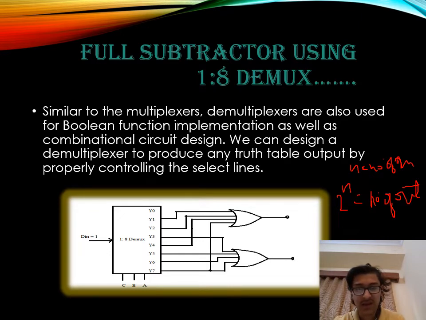Here there are 3 inputs A, B, and C, so we have 2 to the power 3 equals 8 outputs. Here are 8 outputs, Y0, Y1, Y2, Y3, Y4, Y5, Y6, and Y7. D in is the data input and this is the diagram.